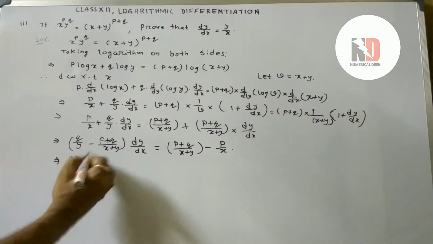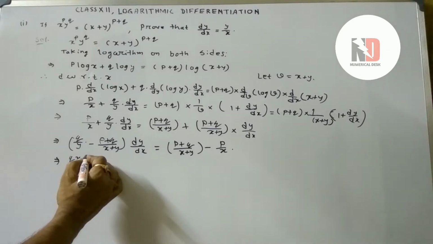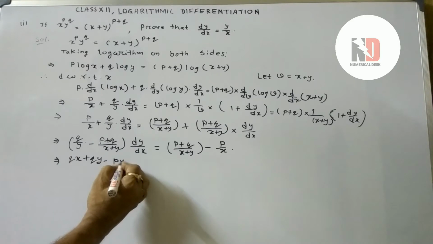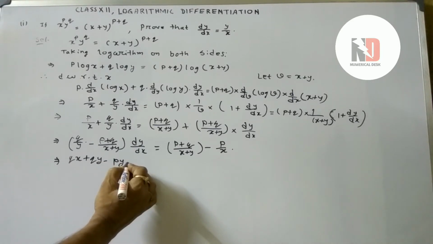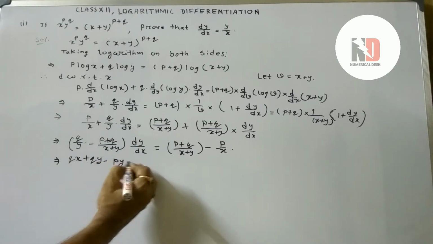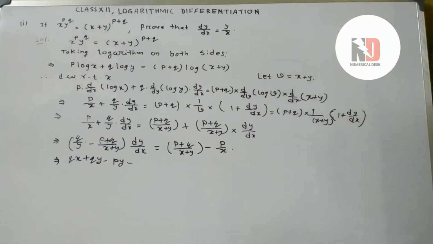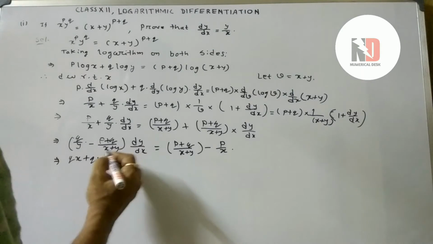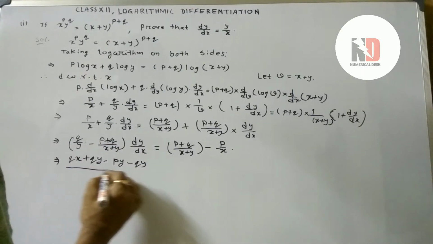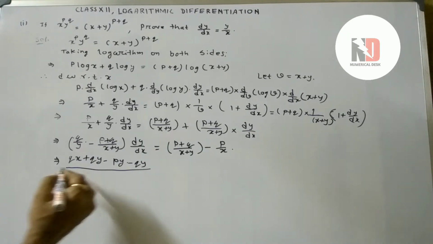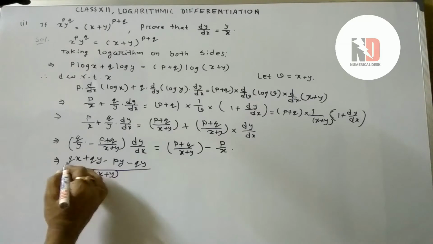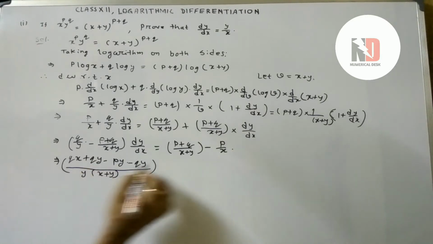First you have to see the sum, taking the simplification, and minus, very careful. So this is the LCM on the right hand side.